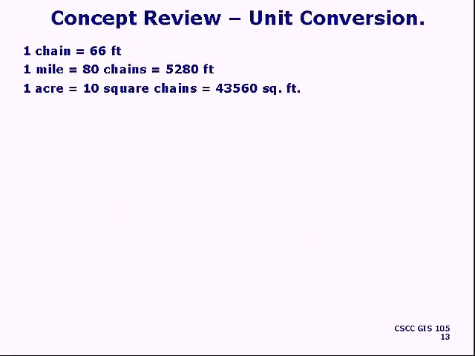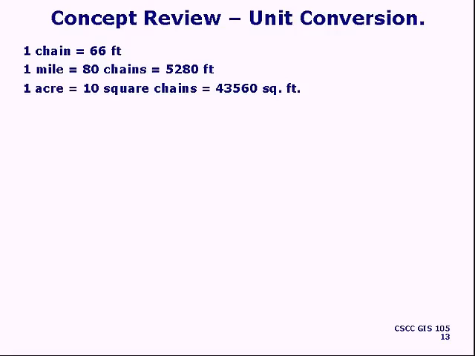First of all, let me say that photogrammetry is all about ratios. One of the things about ratios is it's going to deal heavily with conversions, unit conversions. Now, here's a conversion that doesn't make sense and isn't important.